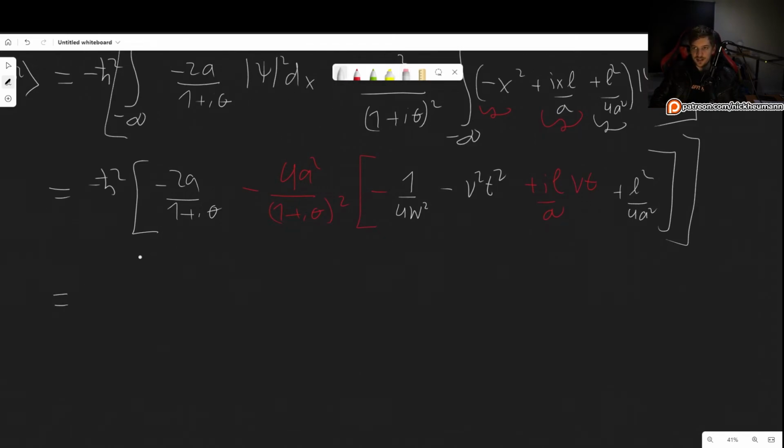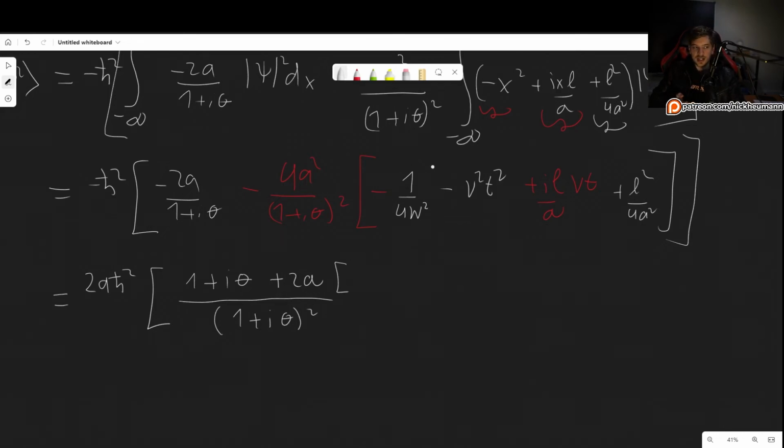Now there's still more that we can do, because in principle this is the solution, but we can simplify this. So let's factor out the negative signs. Let's factor out 2a. When we do that, we get 2a h bar squared, and then what we can do is take a common denominator for these two, which is of course 1 plus i theta squared. So we get 1 plus i theta minus 4a, no, not 4a squared, so we factor it out, so 2a. And this is divided by 1 plus i theta squared. And this 2a is multiplying our parentheses. But what can we do here?